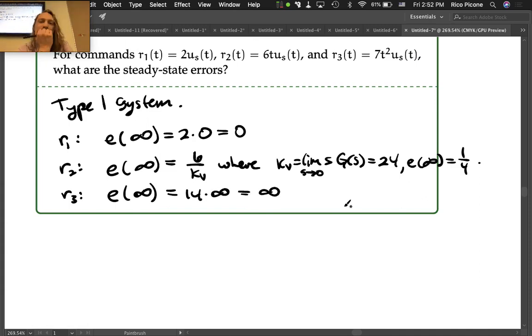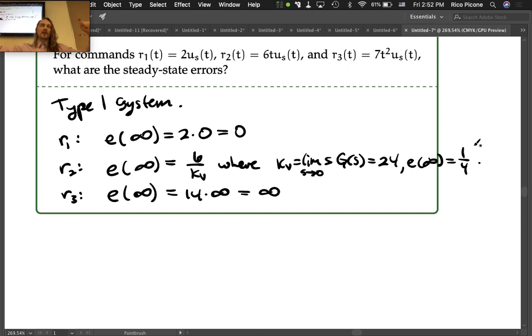Yes? So is the error for R2 25%? It's deceptive. It's actually in the units of whatever your command and your output are. So if your output is in meters per second, you're measuring the feedback in velocity, this is going to be in units meters per second. So the unit of your error is the same as the unit of your command and the same as the unit of your output.